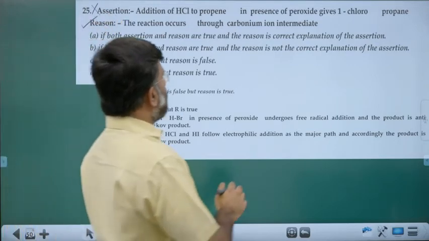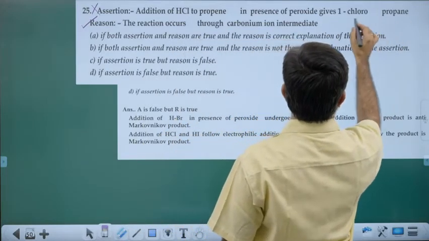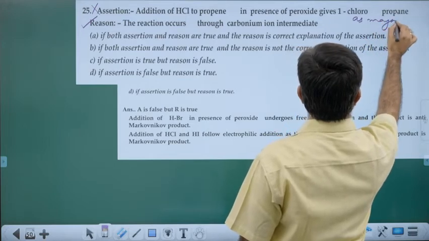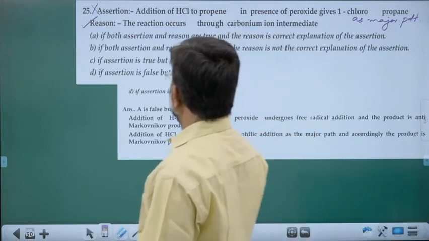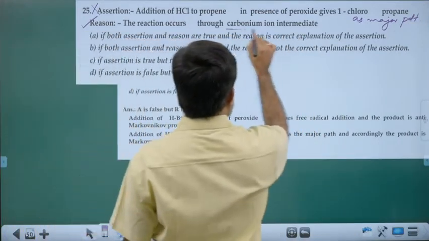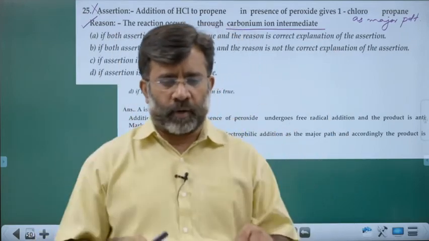So this is assigned to be wrong, this is true. If it says it gives 1-chloropropane as major product, then that statement is wrong. The reaction occurs through carbonium ion intermediate, definitely, whether you make use of peroxide or not.